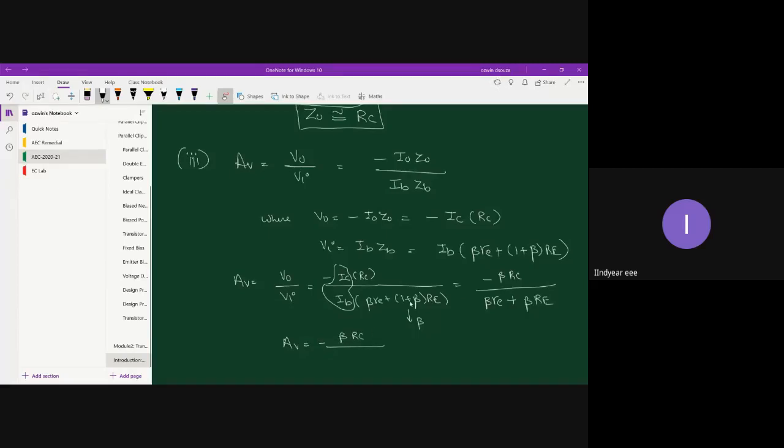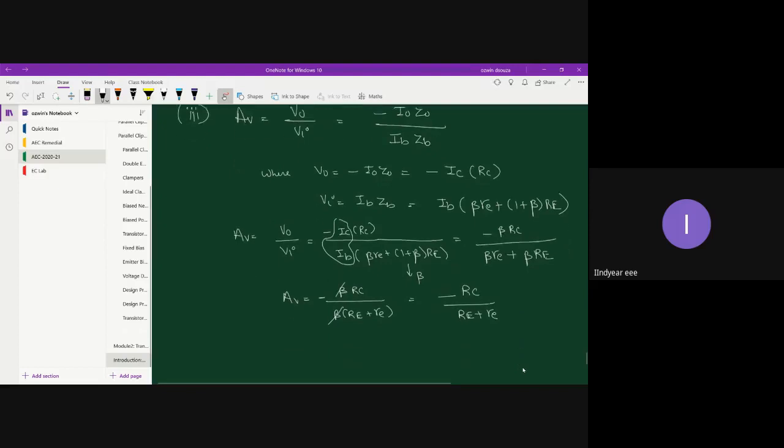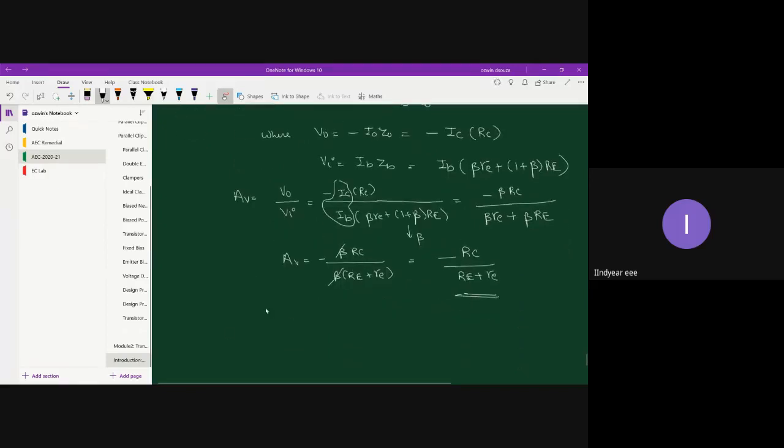So it is beta into RC in the numerator, and in the denominator it is beta times capital RE plus small re. So this beta gets cancelled, and hence you get the voltage gain expression as negative RC divided by RE plus small re. So this is my voltage gain expression.